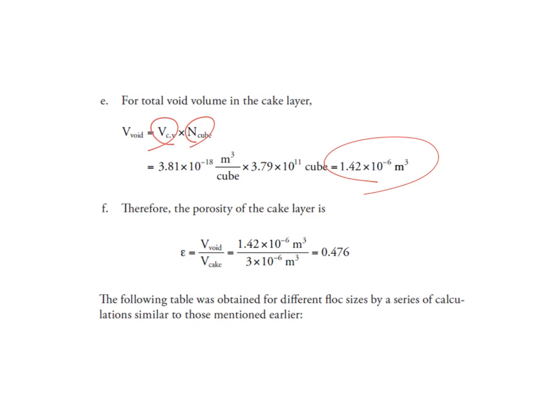So the porosity of the cake layer is given by 0.476. This is more like an ideal value, assuming spherical particles and a very simple configuration. So the following tables are obtained for different particle block sizes by a series of calculations similar to these.